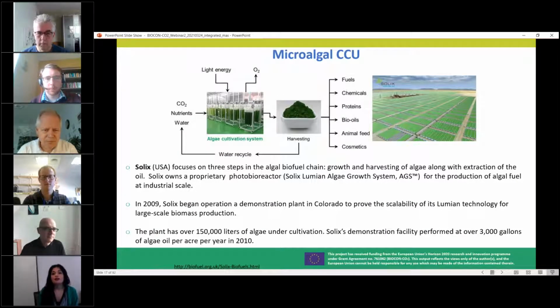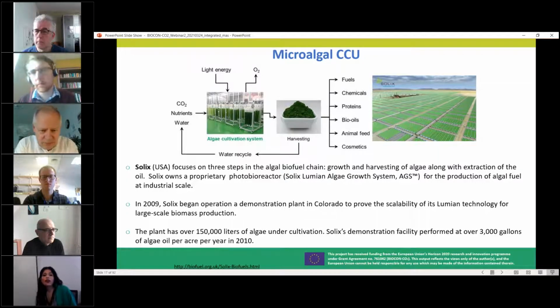I decided to give you two examples of technologies that have reached a higher TRL, which have demonstrated the feasibility of these technologies. As for the microalgae, I picked Solix, which is a US company that has developed a photobioreactor system for the production of algal biofuel.